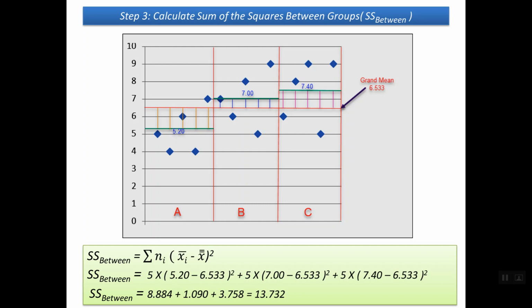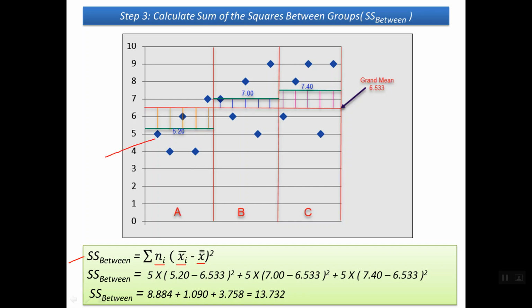The formula we use to calculate the sum of squares between is simply the summation of n sub i, the number of observations, multiplied by x bar sub i, which is the mean of the group the observation belongs to, minus x double bar, which is the grand mean, all squared.